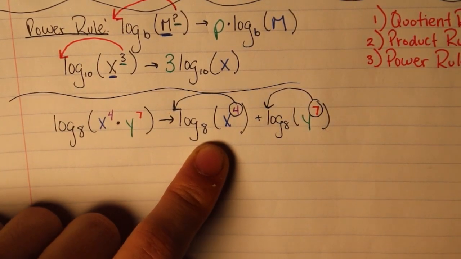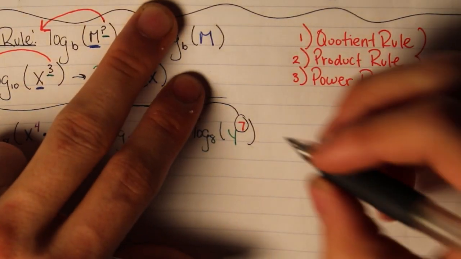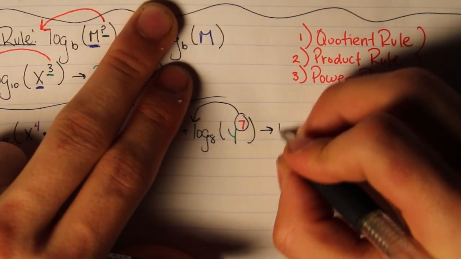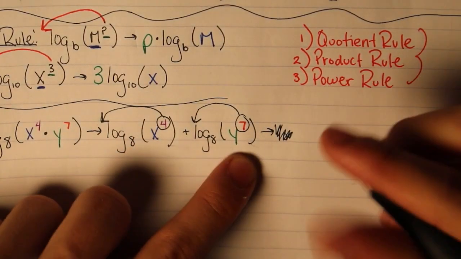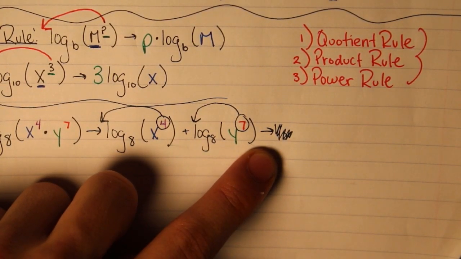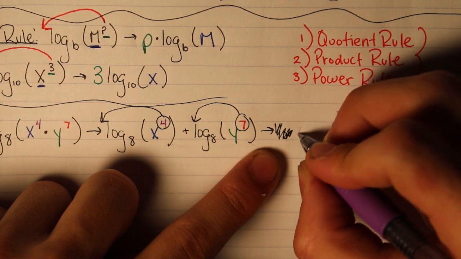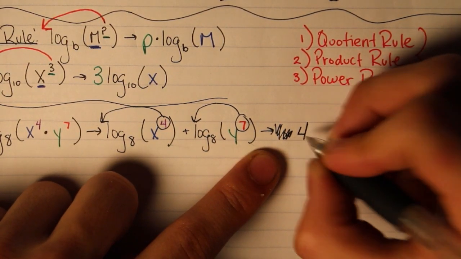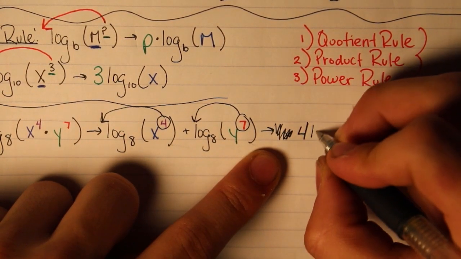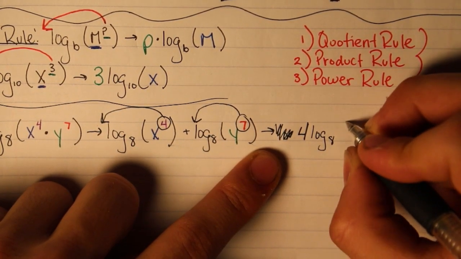All right, so at the end of the day, this will become that 4 to the front. All right, so we have the purple 4. Pretend it's purple. Log base 8.